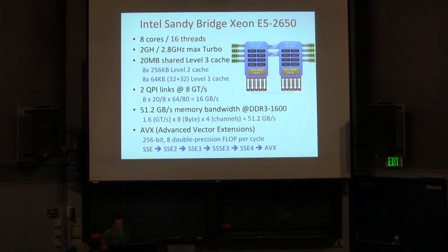So here are more details about the Intel Sandy Bridge Xeons. You'll see that each CPU has 8 cores. But Intel has a technology called hyper-threading. If you enable that, it will have 16 threads, so each physical core will appear to the operating system as 2 logical cores. It also has a feature called turbo.